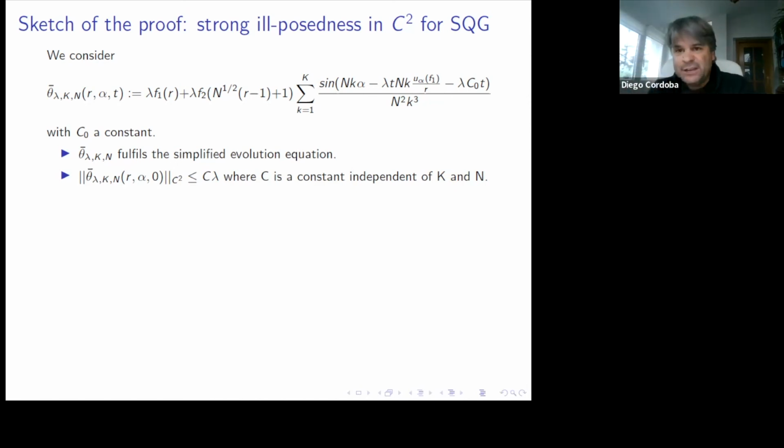So if initially I look at the C2 norm and I want it small, I have to make lambda very small. If I look at the H plus 1/4 norm, this is bounded by a constant times lambda times capital K. So if I already fixed lambda, now I can fix capital K. If capital K is finite, then this norm is bounded. So I'm in a space above H2.